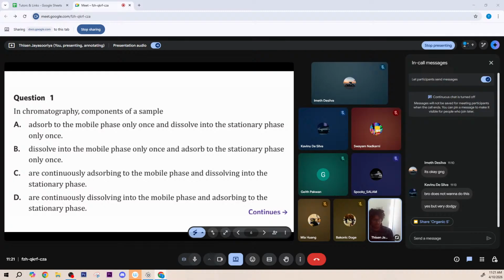So what do you guys think? A, B, C, or D? Remember what I said. C.